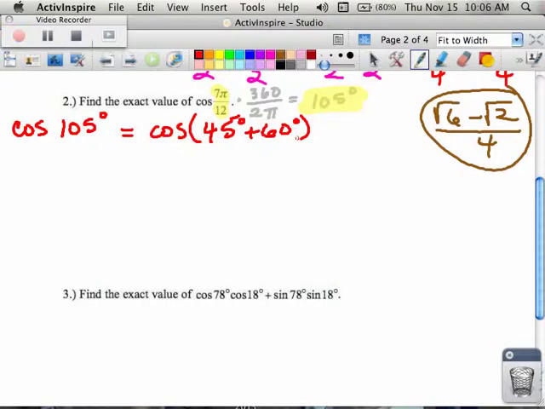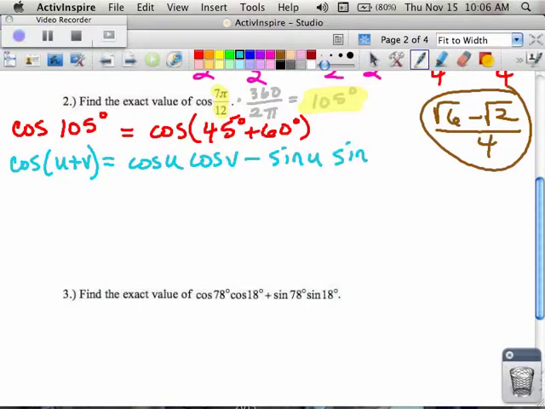Now I go look at my formula sheet. And in my formula sheet, I look for a cosine that has a plus thing of 2 angles. So that formula is the cosine of u plus v, which says to me that I'm supposed to be taking the cosine of u, cosine of v, minus the sine of u, sine of v.